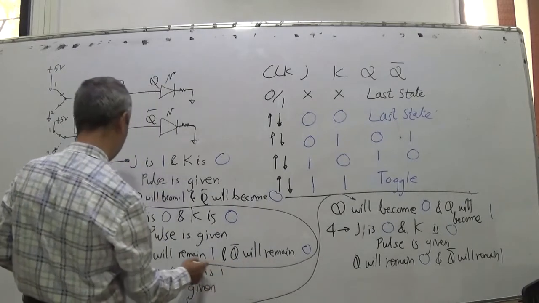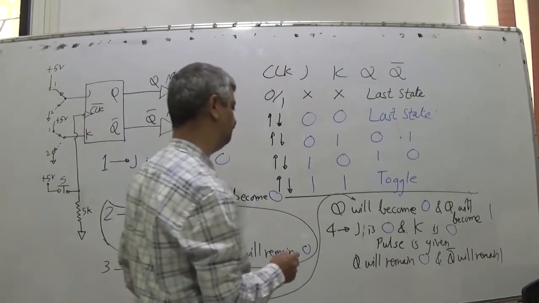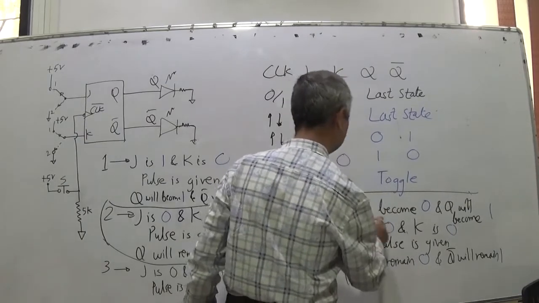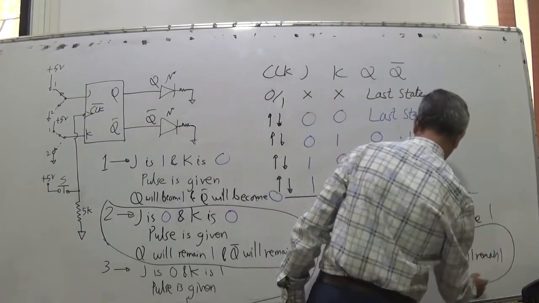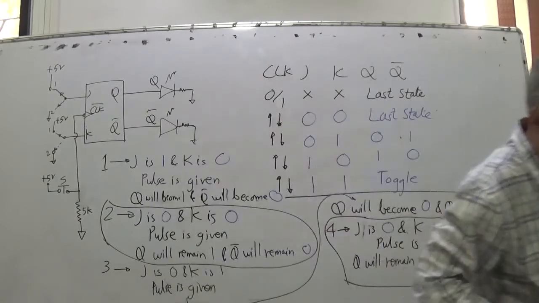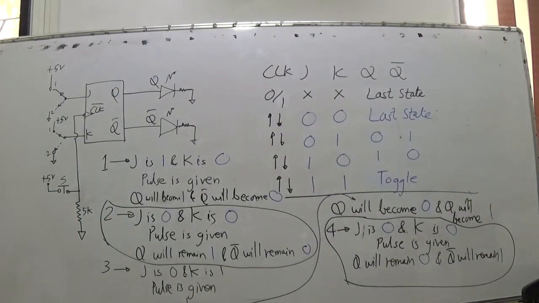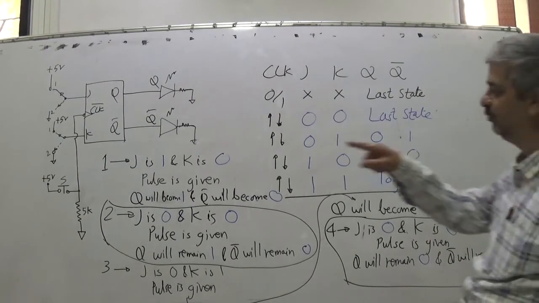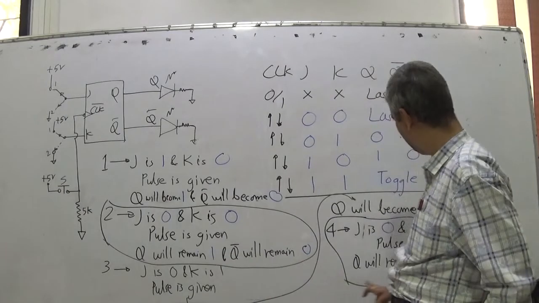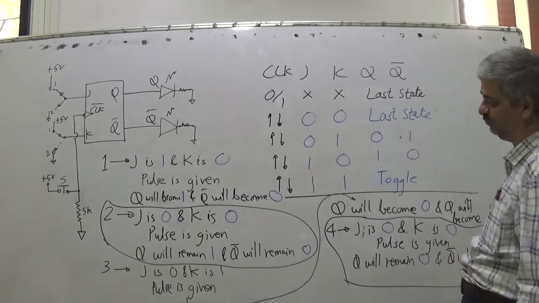Case 2 and case 4. In this case what we find is the inputs J and K, when they are 0 0 and you give pulse, output can be 1 0 or output can be 0 1 also.